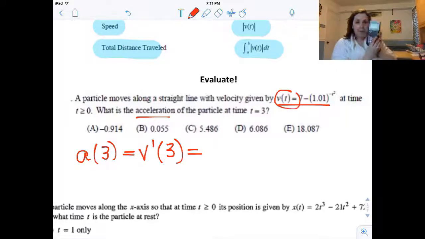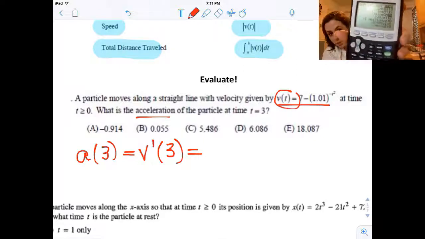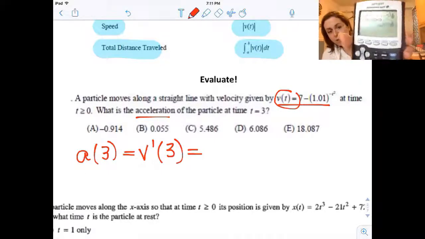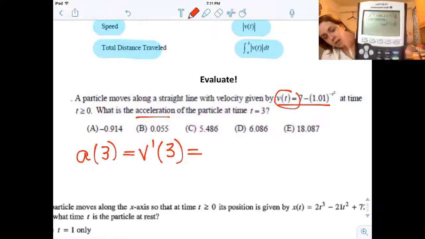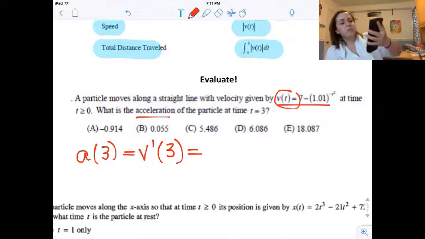Now, this is where your calculator is your friend. So I'm turning this on. I'm going to math, and then I'm going to 8, which is nDeriv. I'm sure that's backwards for you. And it's going to bring up that blank screen, right? Where you can put in your x, put in your function, put in your x value. So I already did this one up here.